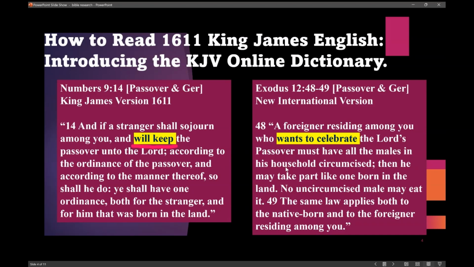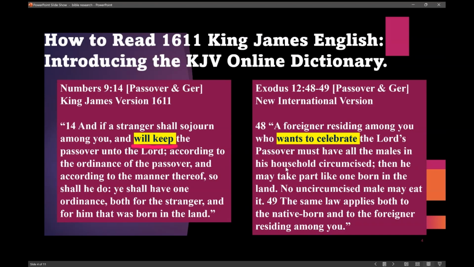People were quoting this out of context, saying that there's one law for Israel and sojourners, and it never varies. But here's an exact proof of the opposite: if it's voluntary, it clearly means the Passover doesn't apply to the sojourner by default, but the sojourner can elect to do it. Here it says "will keep," and some young lady was saying that it means mandatory.